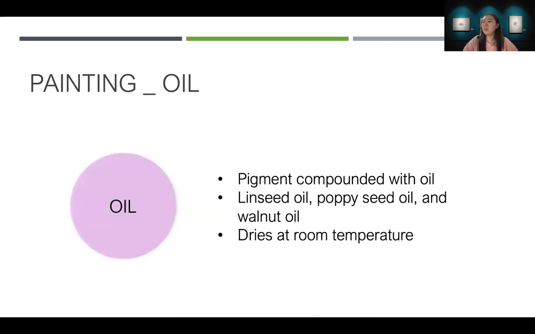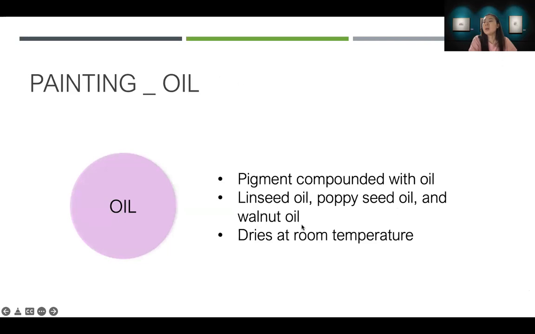Now, let's move on to the third painting technique, oil painting. Oil paints consist of pigment compounded with oil. Historically, the most commonly used oils have been linseed oil, poppy seed oil, and walnut oil.